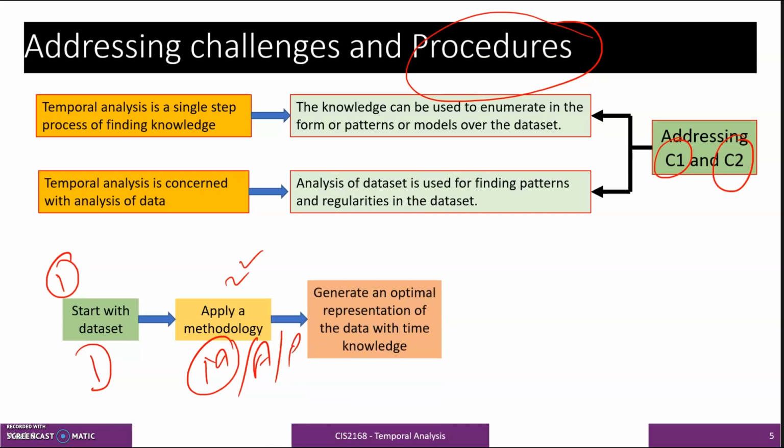the next step is to generate an optimal representation of the data with time knowledge. So here the time knowledge is nothing but the time, that is day and time.